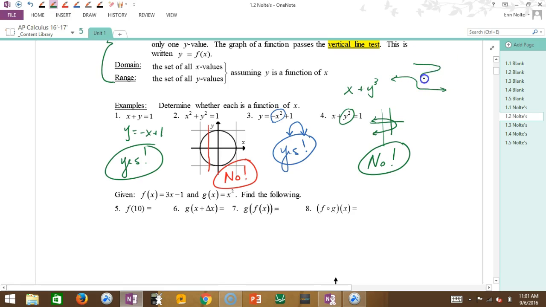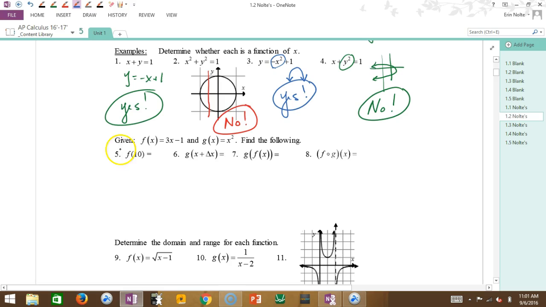So if we have a wiggle like this, that would definitely be a no. But if it's a quick wiggle where it's more like so, that could be a potential yes. So you have to be careful about odd exponents on your y for your vertical line test. So playing it safe is just simply solve for y.